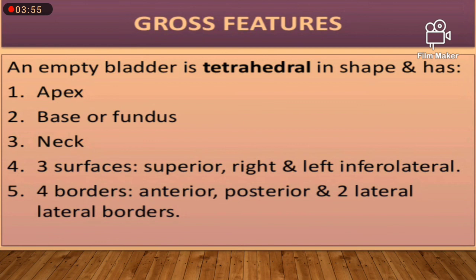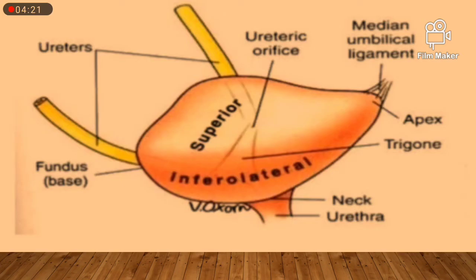And the base you can also consider as a surface, or you may not. Then 4 types of border: anterior border is vertical, posterior border is horizontal, and 2 types of lateral borders: superolateral borders and inferolateral borders. So 4 types of border, but totally there are 6 borders.